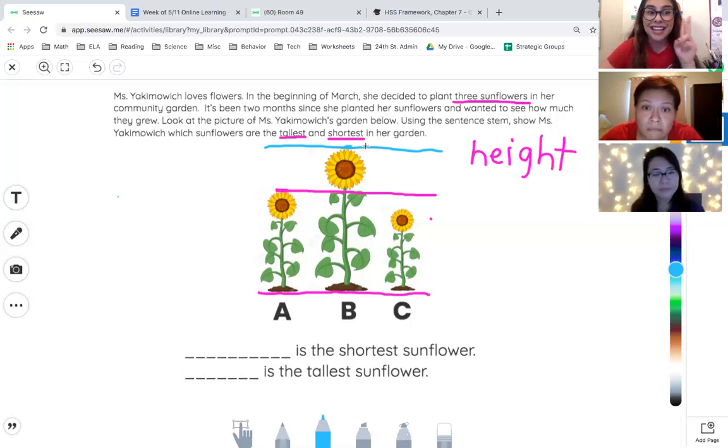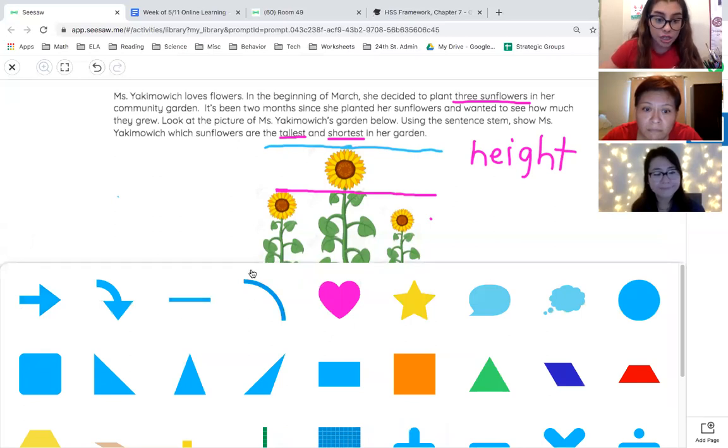But there's a second tool that we can use too. So this is one tool where we can use our marker on Seesaw to really make those reference points. But a different tool is when you go to the three little dots on the side, you can pick shapes. And on these shapes, there is a 10 rod right here.